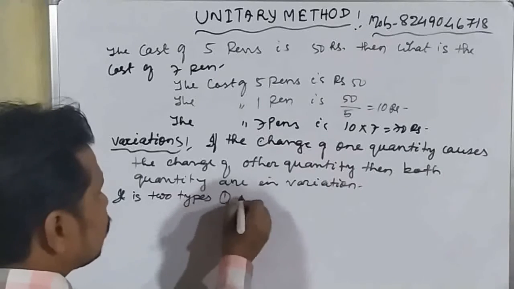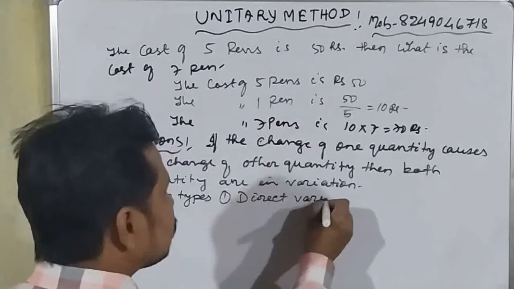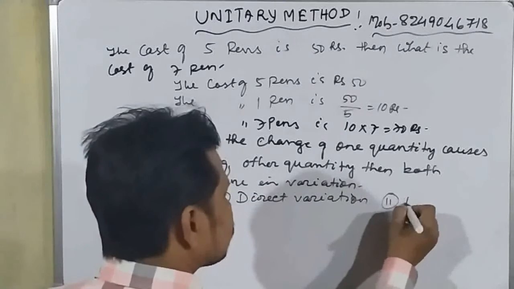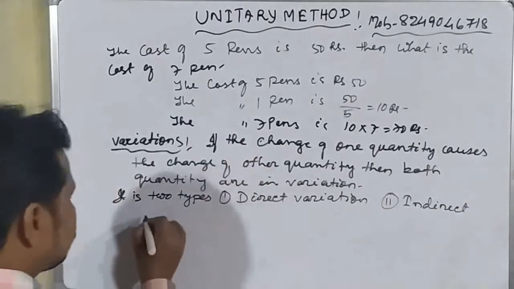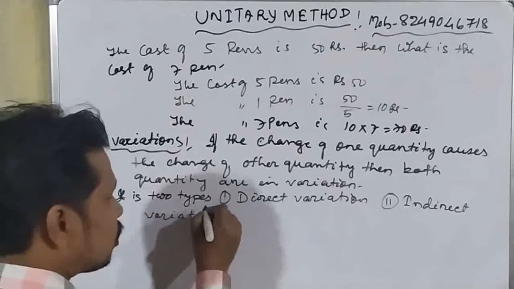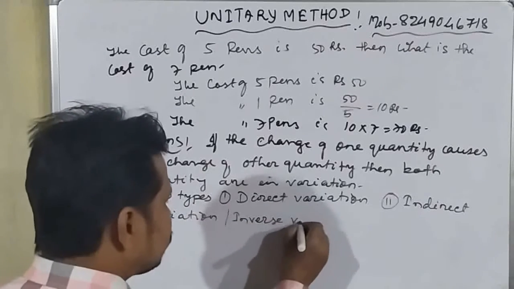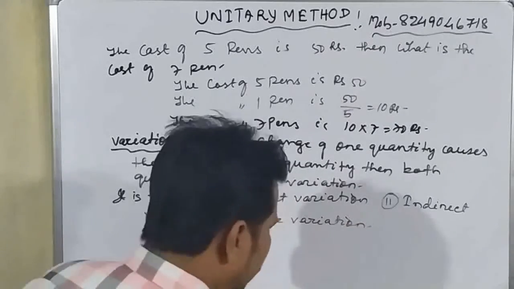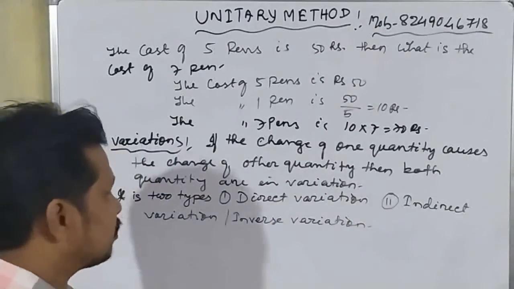One is direct variation and the other is inverse variation, or sometimes we can say indirect variation. So what is the difference between direct variation and indirect variation?